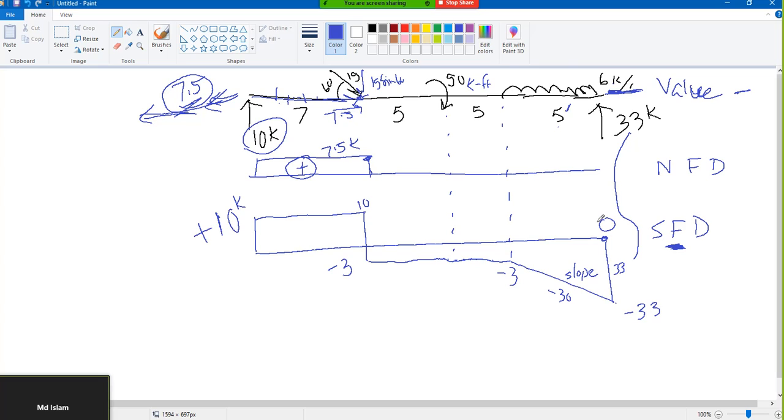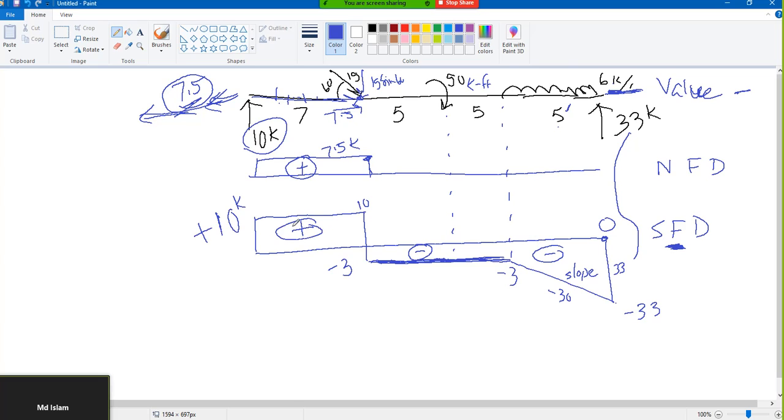But if you find a big value, that means there is a problem somewhere, so go back and check. Then make it beautiful. This portion is linear, all about minus 3. Give a plus sign here, minus sign here, minus sign here, so that you can see clearly. Okay, the shear force diagram is done.